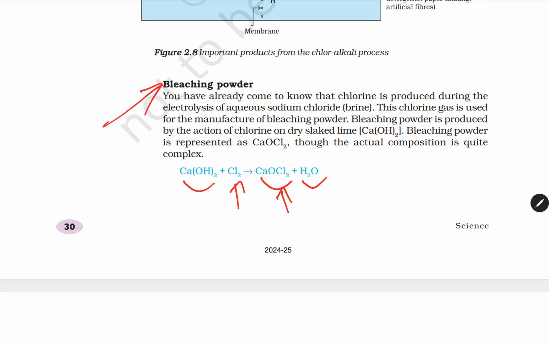This bleaching powder is produced by the action of chlorine on dry slaked lime. So this is known as dry slaked lime. Bleaching powder is represented as CaOCl2.